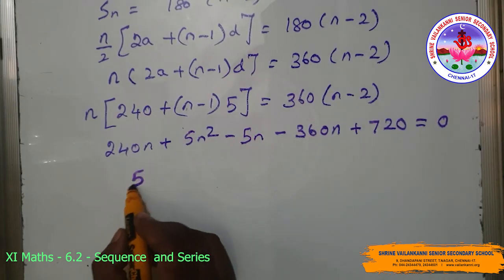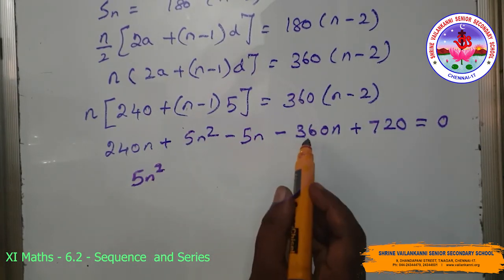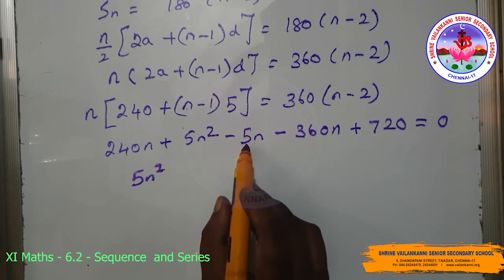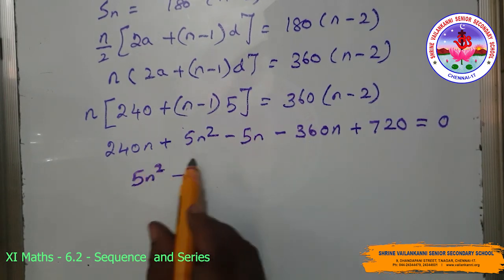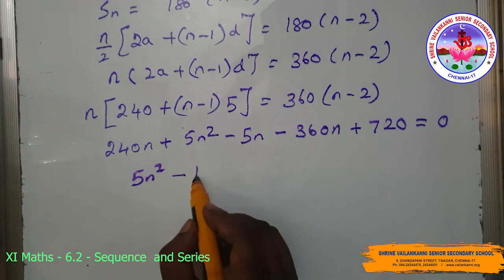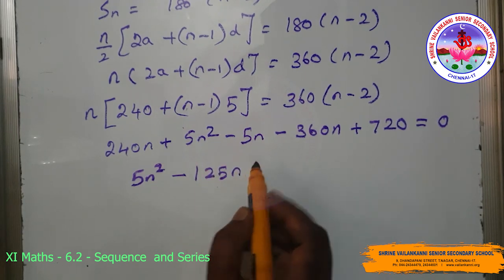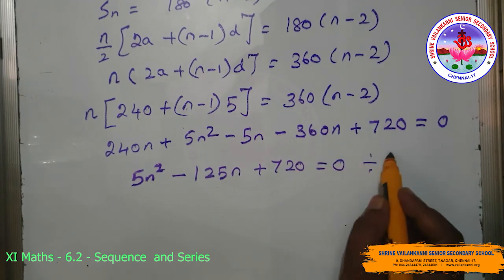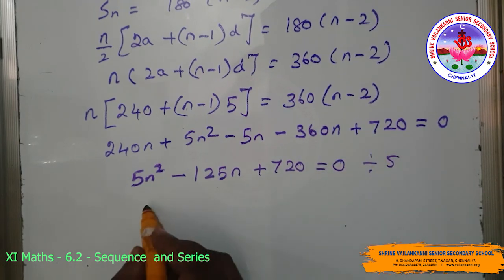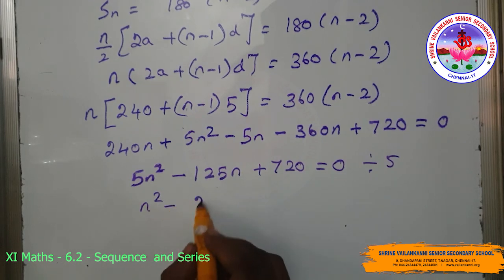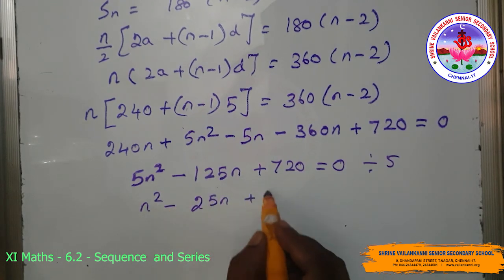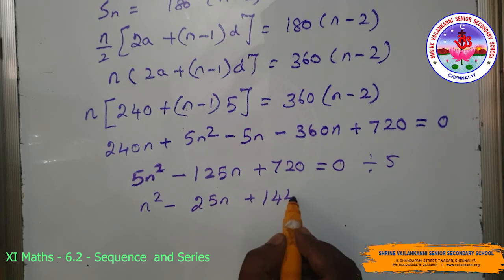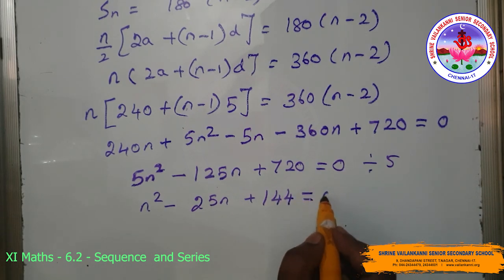So 5n square minus 125n plus 720 equal to 0. So dividing by 5 throughout the equation, we get n square minus 25n plus 144, which is equal to 0.